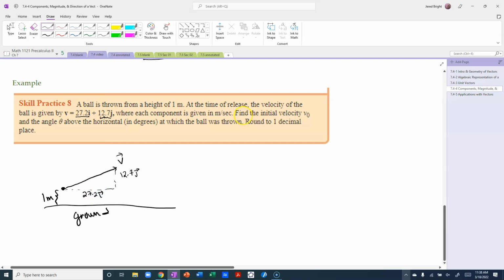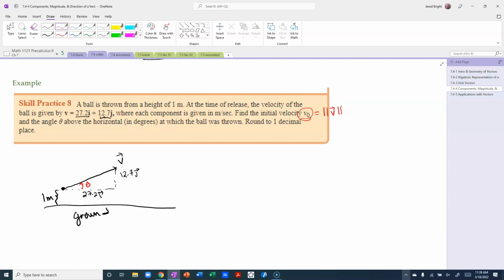It says find the initial velocity and the angle. So the angle is the direction. That one I can do. The initial velocity is actually going to be equal to the magnitude of v, the magnitude of the velocity vector, only because over time that speed is going to slow down.